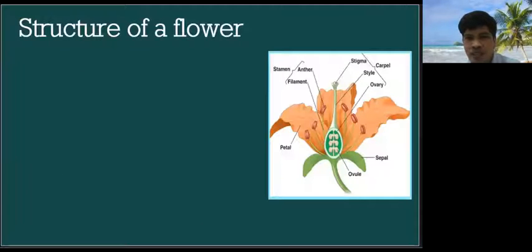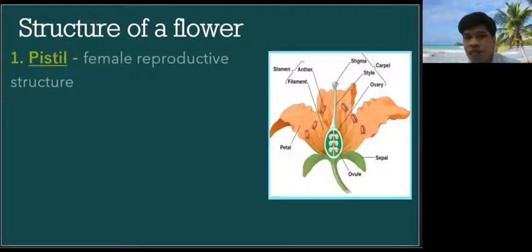The first one is the pistil, which is the female reproductive structure. It has only three basic parts, because the ovule is not included. What are those?